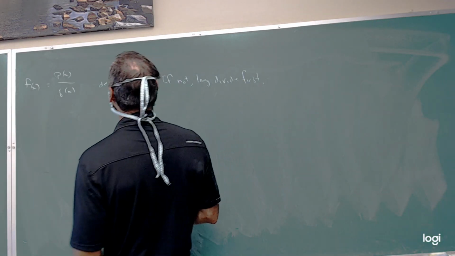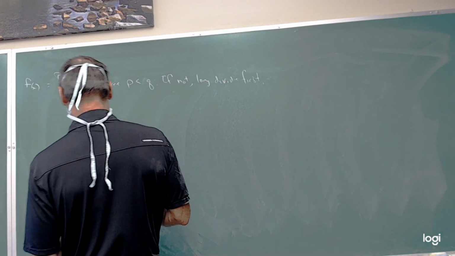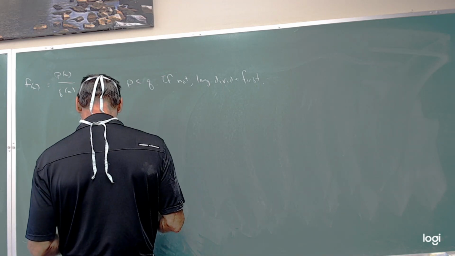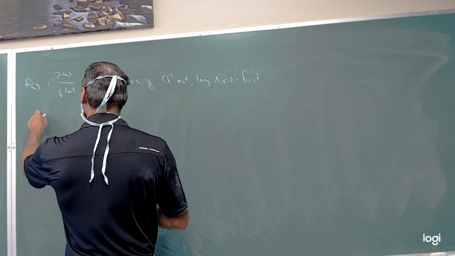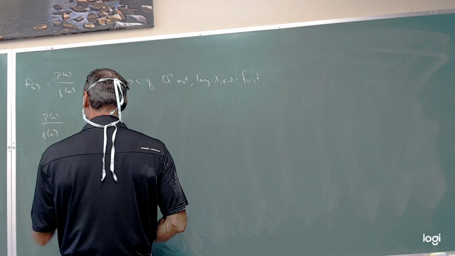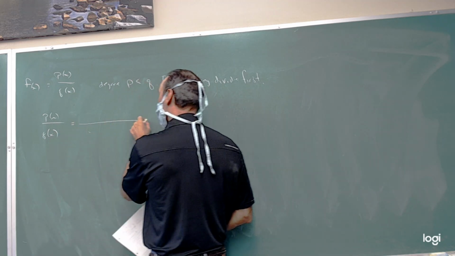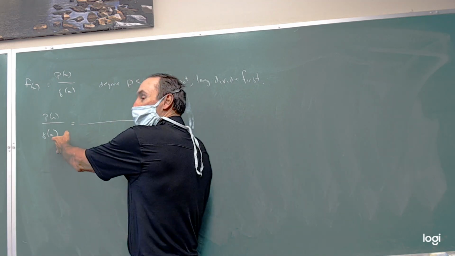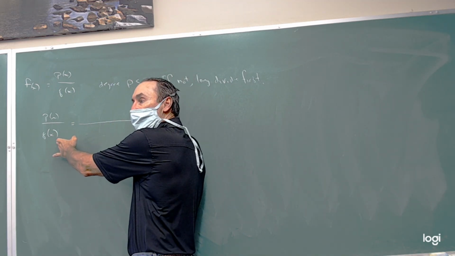Now, there's still more to go there. I don't know how far I'm going to get on this. So, we have our p of x over q of x. Now, the q of x, that's where we're going to direct our attention. We factor that as much as we can over the real numbers.